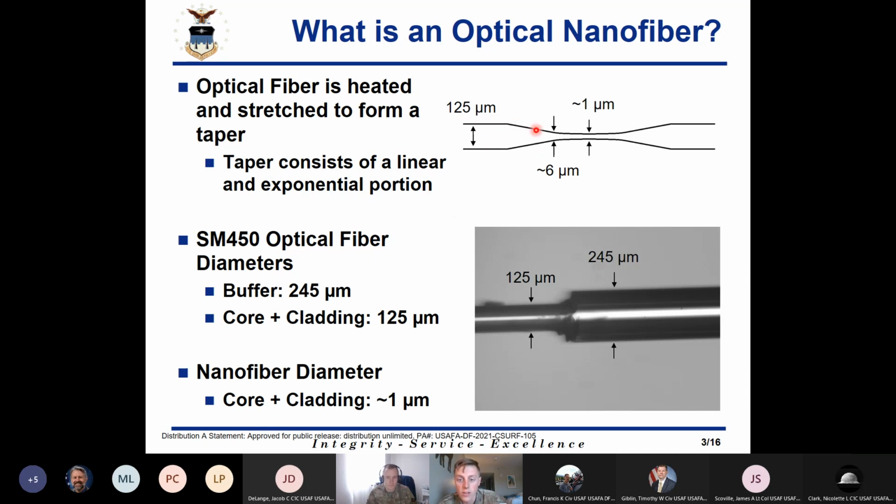This goes down linearly with our taper, and then it reaches about 6 micrometers, and then we enter the exponential portion where we really can't control the linear taper anymore, so we just stretch it out, and that gets us down to about 1 micrometer. So again, we're taking that 125 micrometer diameter optical fiber to start, and at the end, this gets down to about 1 micrometer. Ideally, we would be below this 1 micrometer level. I'll talk about our results from that in later slides.